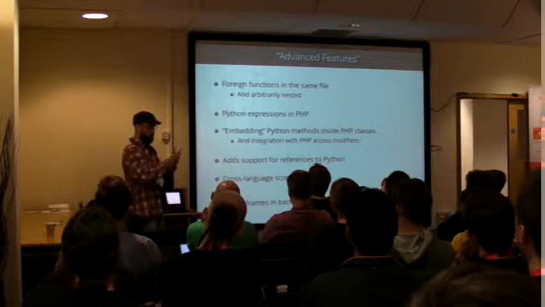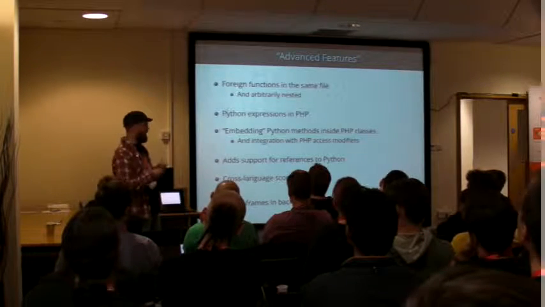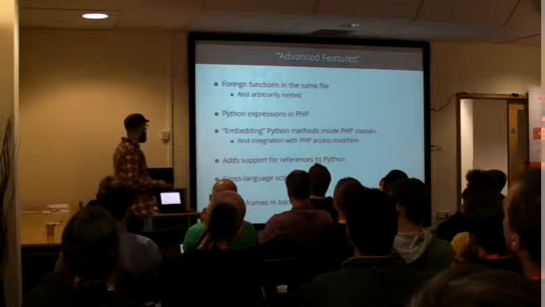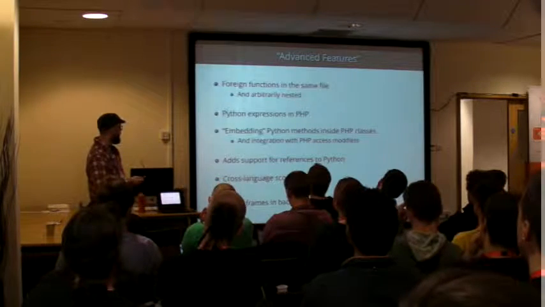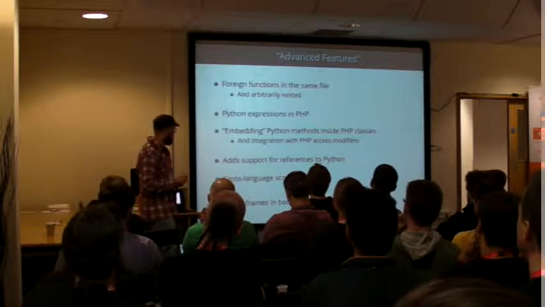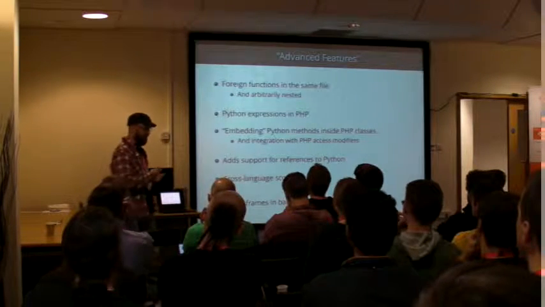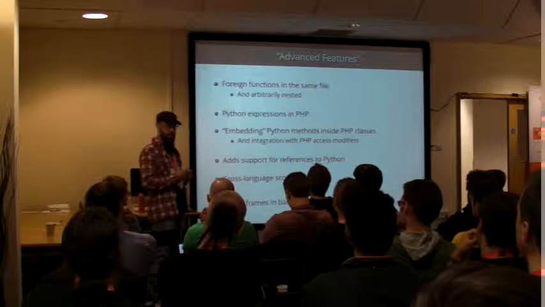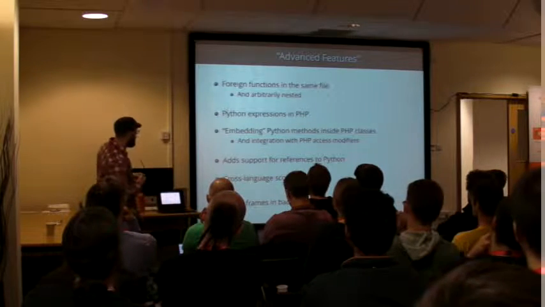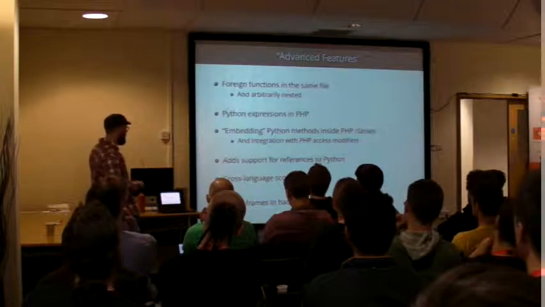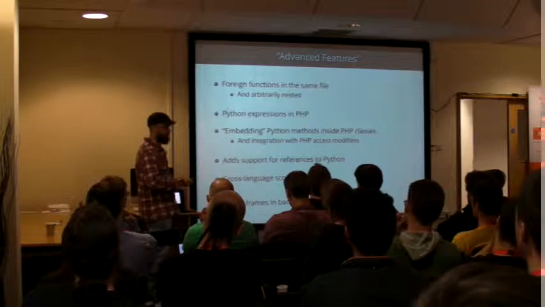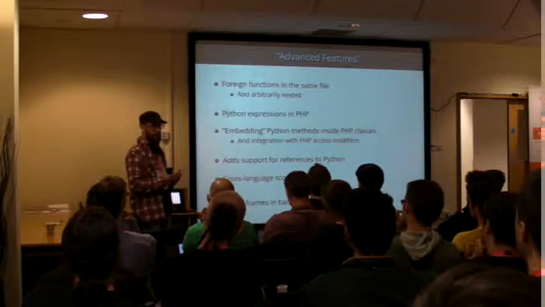So that's like interleaving, like I showed you on the earlier slides. You can have Python expressions in PHP. You can embed Python methods inside PHP classes. We add support for references to Python so that Python can interact with PHP code which uses references. We have cross-language scoping, and for debugging purposes, we have backtraces which are aware of the two different types of languages.